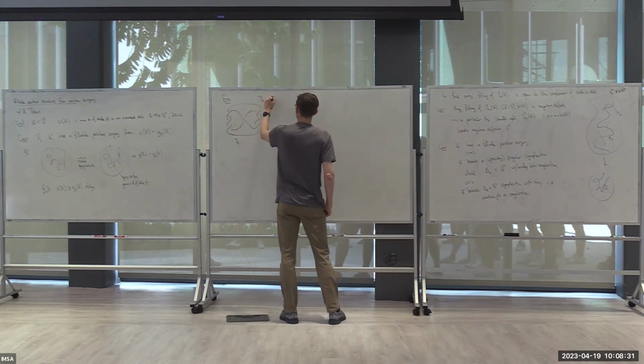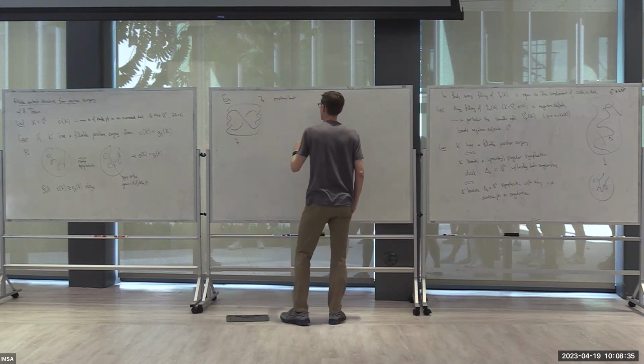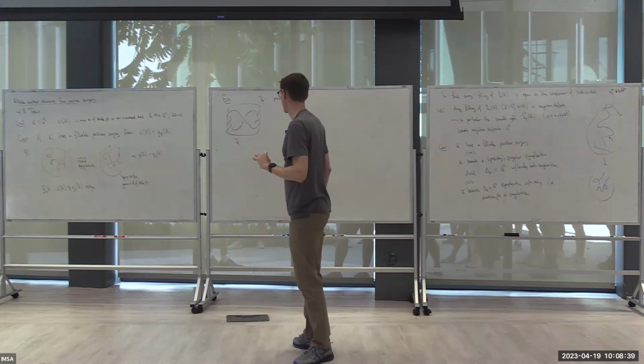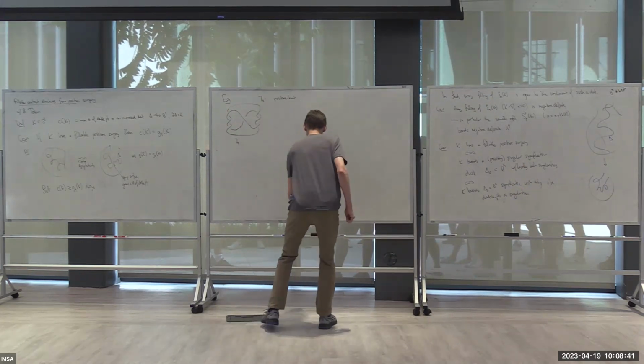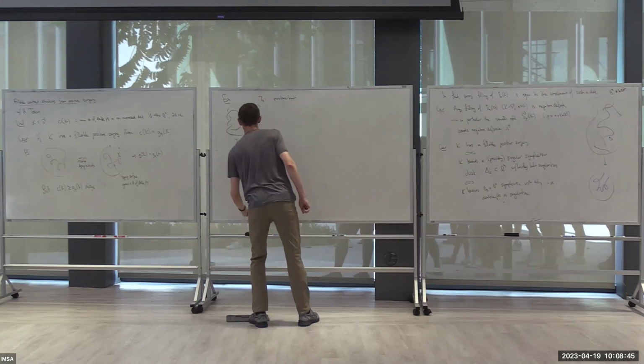That's a positive knot. Otherwise, it's a 6 crossing knot.